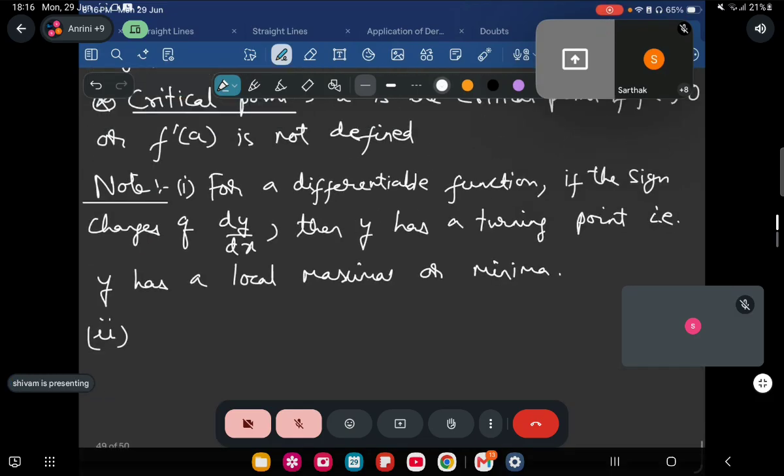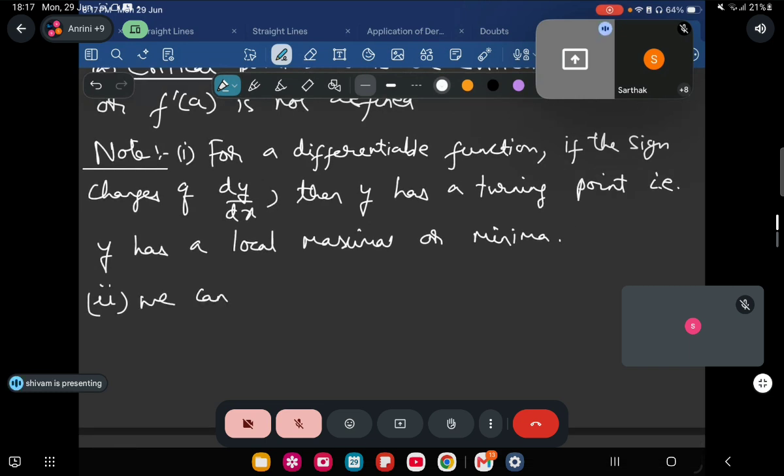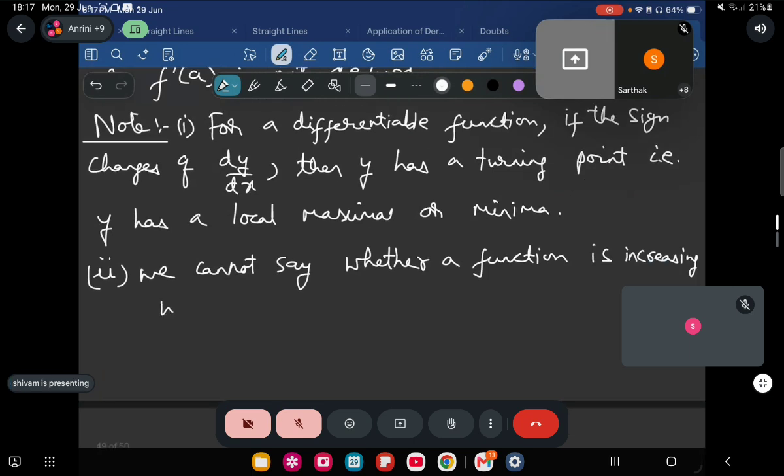See, we cannot concretely say whether a function is increasing when applying dy by dx greater than 0 or dy by dx greater than or equal to 0.